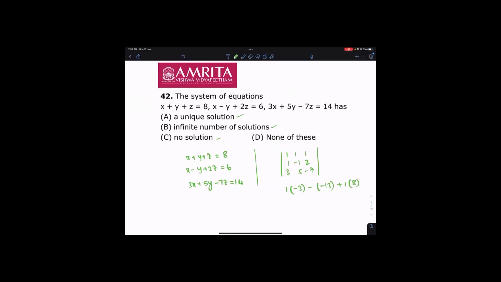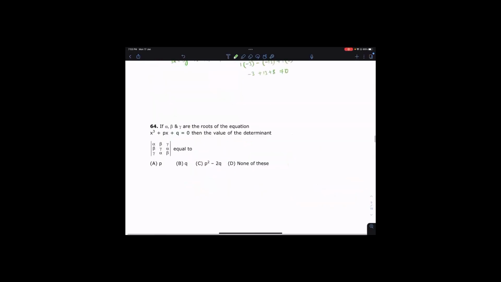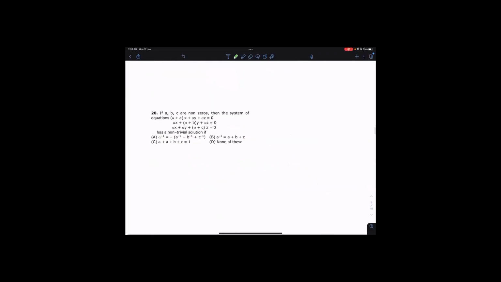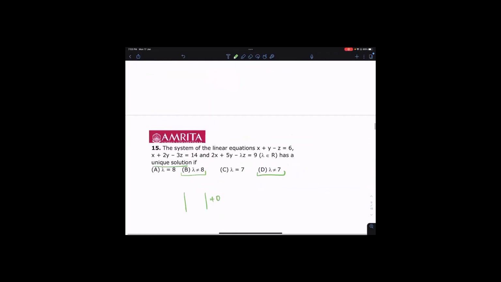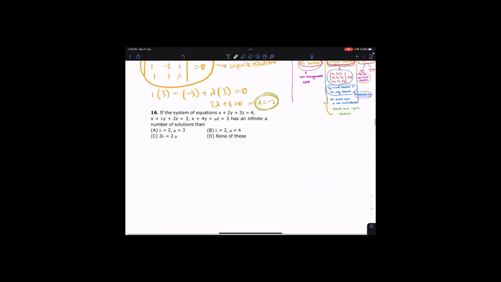Minus 3 plus 13 plus 8. It is not 0, so unique solution directly. Even if the delta becomes 0, let us take this example. This one is easy only. This is also easy.